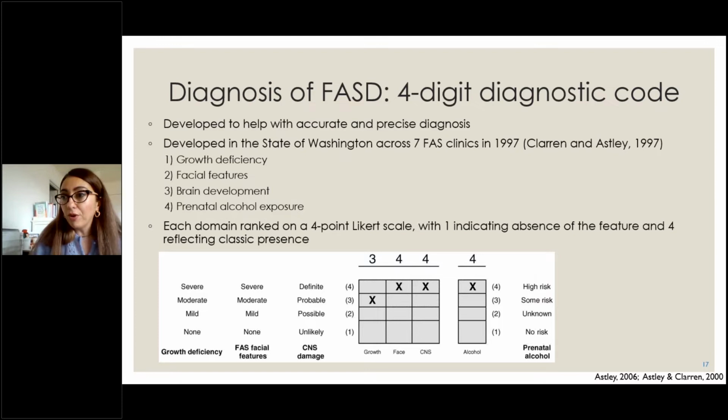And then the brain development part and the impact on the brain is evaluated by either a neuropsychologist or a psychologist who is well equipped in the area of FASD, where we document at least 3 areas that are within the below average range, 2 standard deviations or more. When we say 2 standard deviations, if we think about the normal curve, 100 is the mean, and the standard deviation is 15.